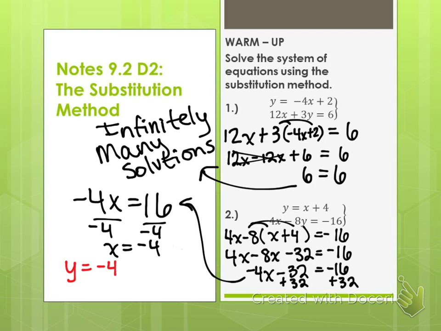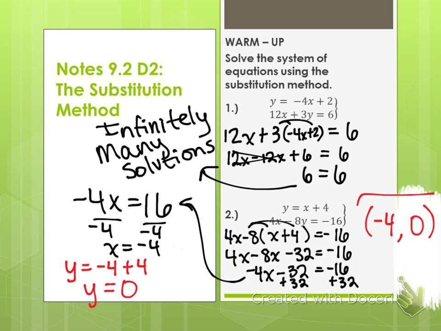So y equals negative 4 plus 4. What is negative 4 plus 4? 0. How do I need to write my answer? As an ordered pair, good. So my ordered pair here is going to be what, comma what? Ellie? Negative 4, comma 0. X, comma y.